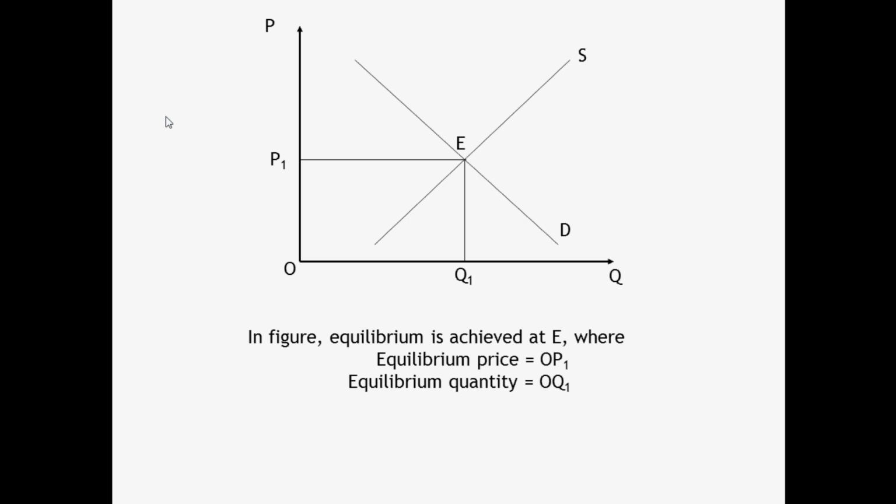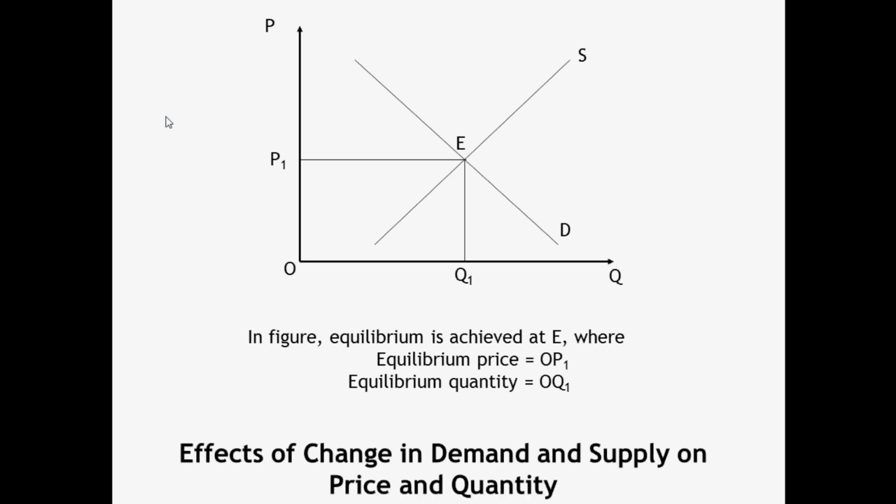Now we shall see the effects of change in demand and change in supply on equilibrium price and quantity. We are starting with the effects of change in demand on equilibrium price and quantity. We are familiar with the term change in demand.